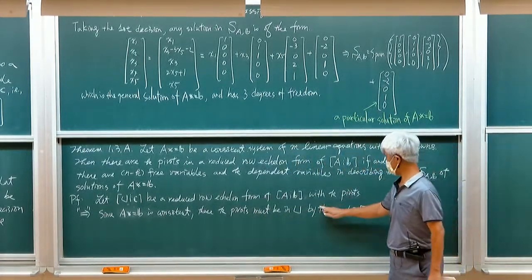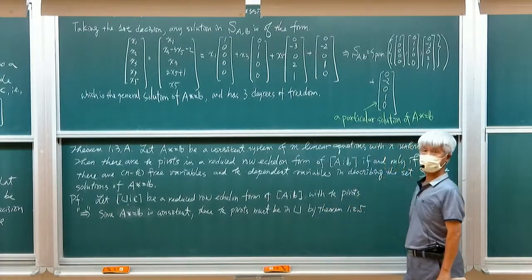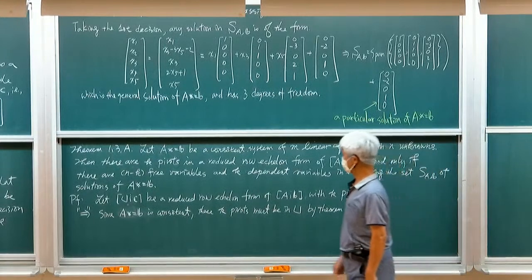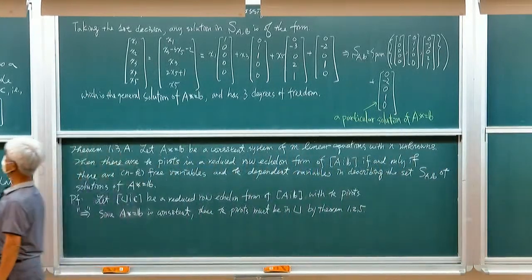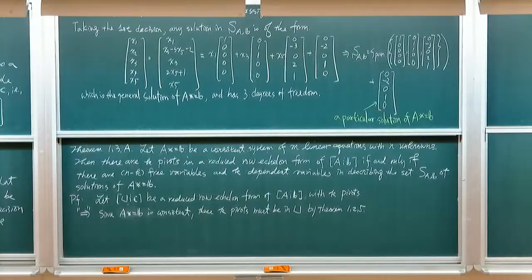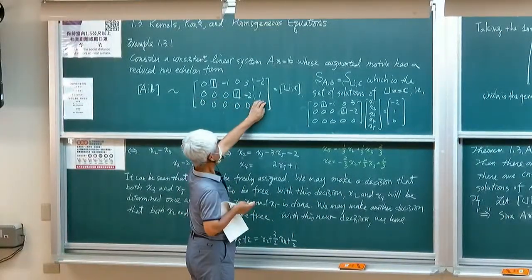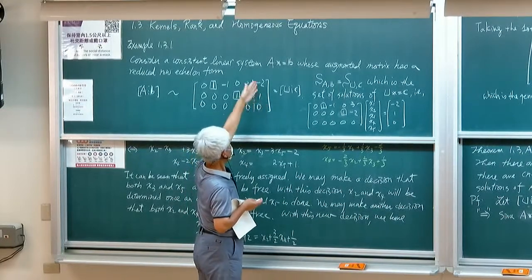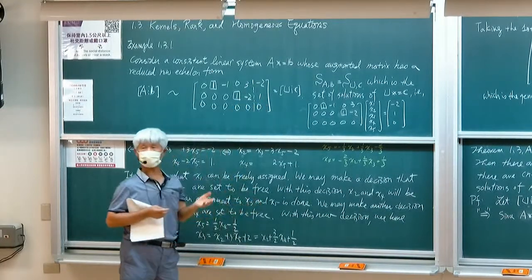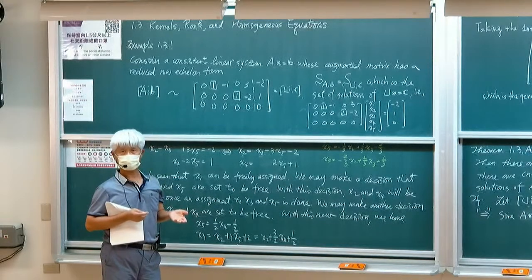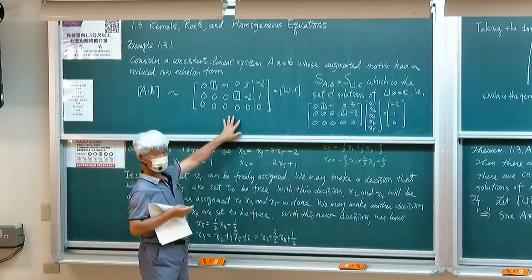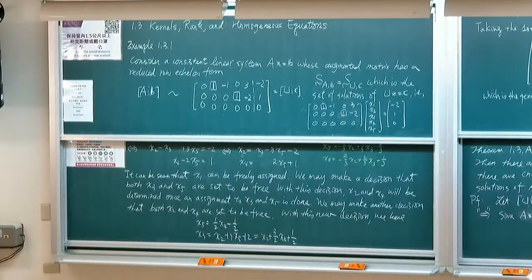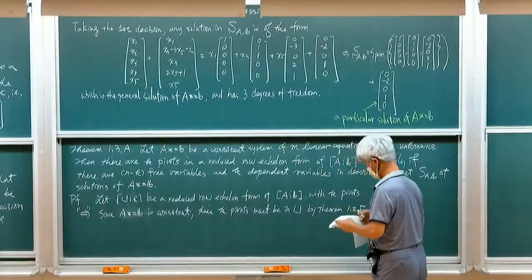We discussed this last Wednesday. Because when it's consistent, if there is a 0 row, the corresponding entry should be 0. So the last column cannot have any pivot. Otherwise, the linear system becomes inconsistent. So they must all be in U.